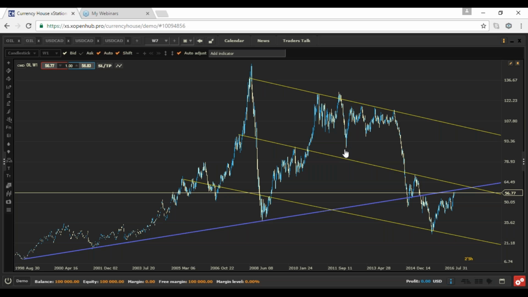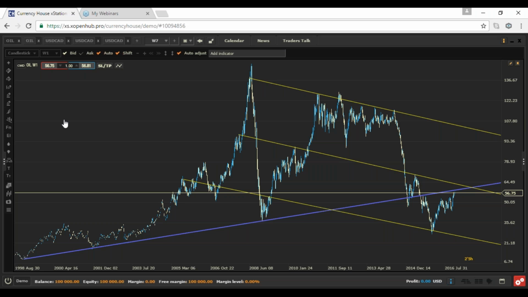One candle is 1 week, and you can figure out from this picture that it's a rather long-term chart, because it starts from the year 1998. Lots of analysts and traders worldwide say that the price of oil is in a long-term uptrend.